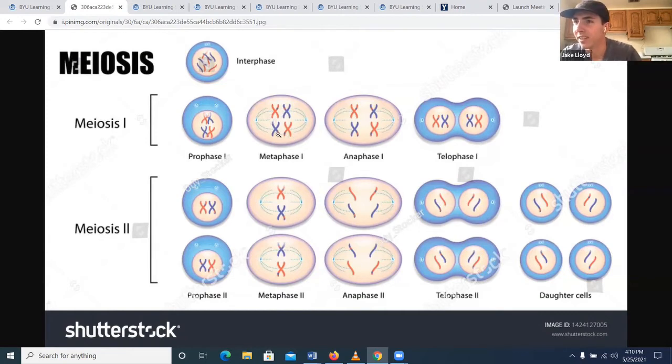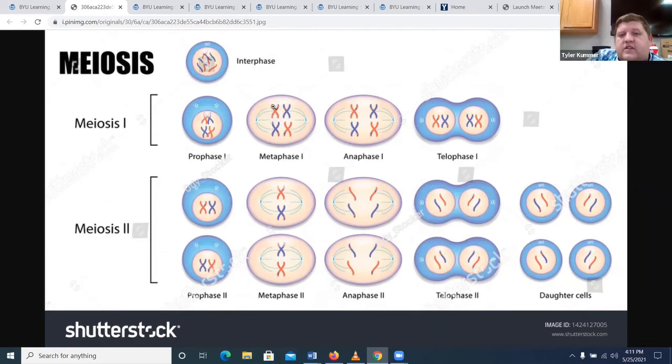And so it's because the wing shape and was it body color and wing shape? I think so. It might have been body shape. I think it was gray and black and vestigial and normal, maybe. Yeah, that sounds right. So those 2 genes in fruit flies are stuck on the same chromosome, right?